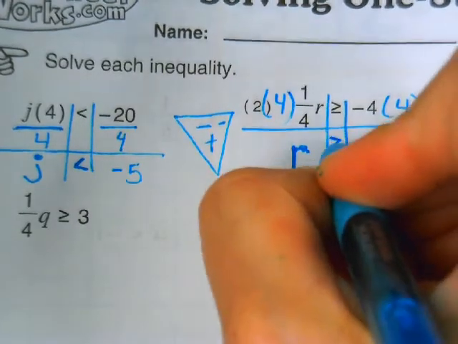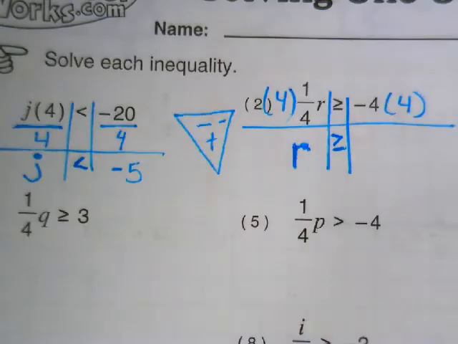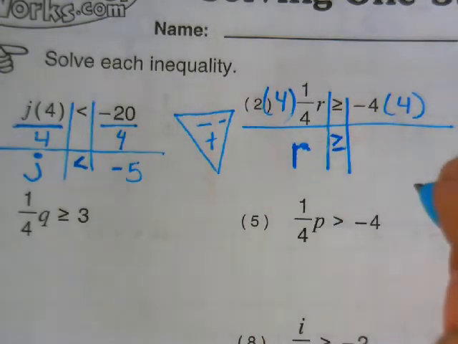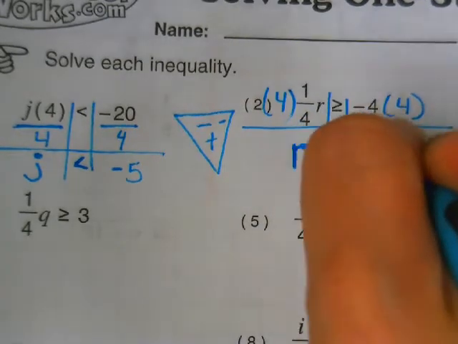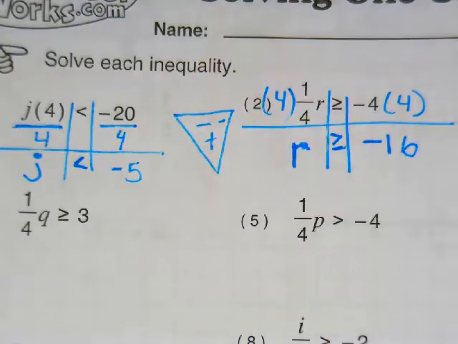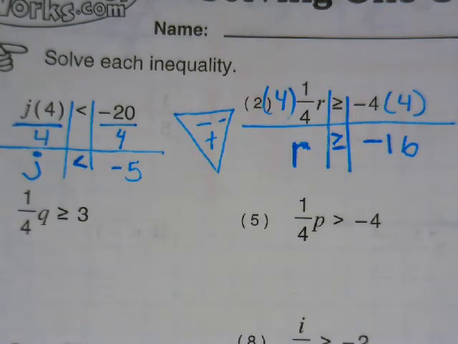What's negative 4 times 4? You're multiplying, you're not dividing. When it looks like a fraction, you're going to multiply. All right, I'll give you guys a couple seconds. Head start.